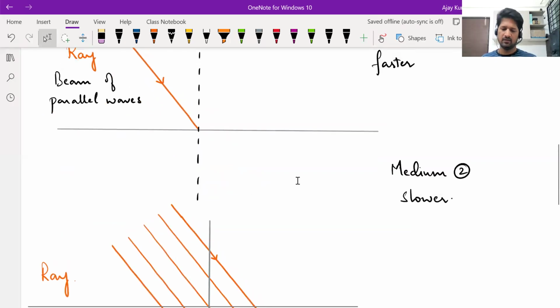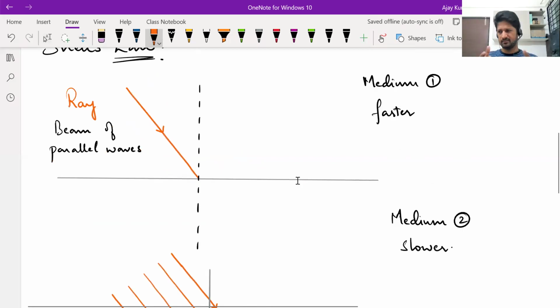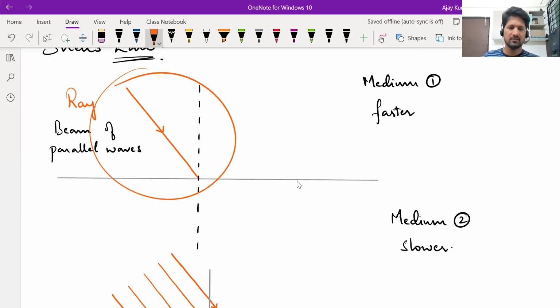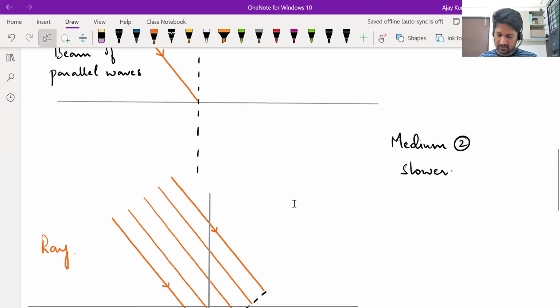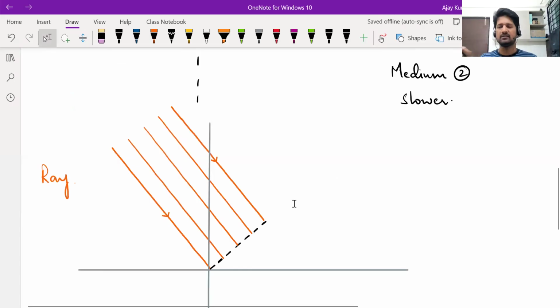When we look at it on the macroscopic scale, it looks like a single line, a single beam of light, but it's actually a collection. That collection of waves can strike the surface at different points. In fact, they do strike the surface at different points.